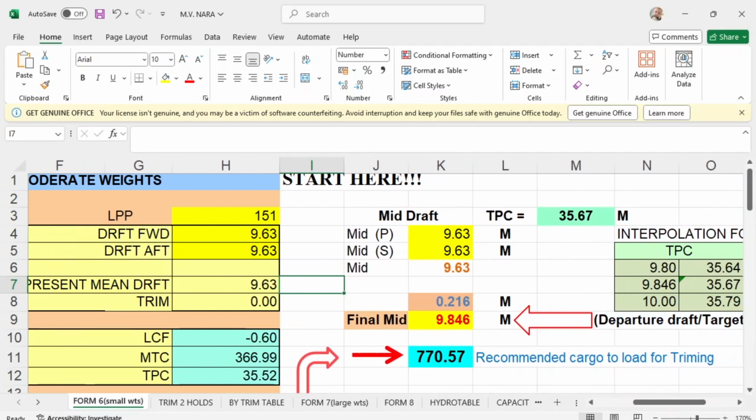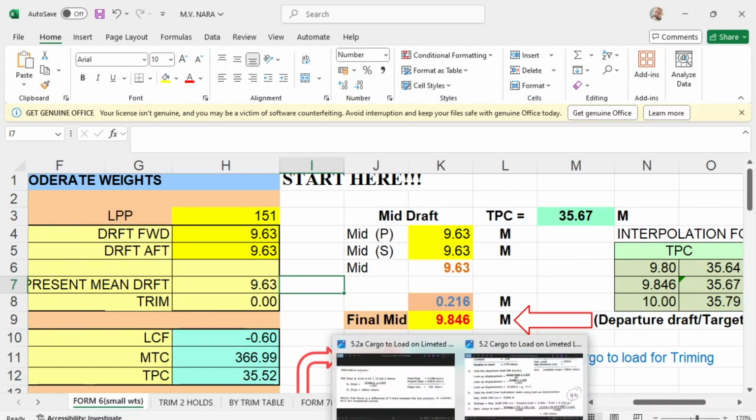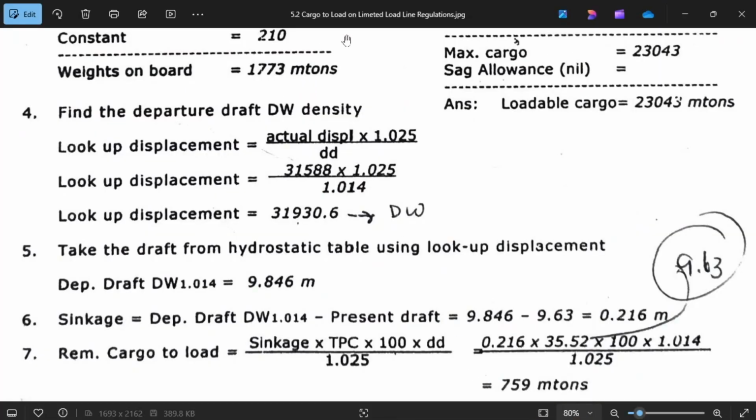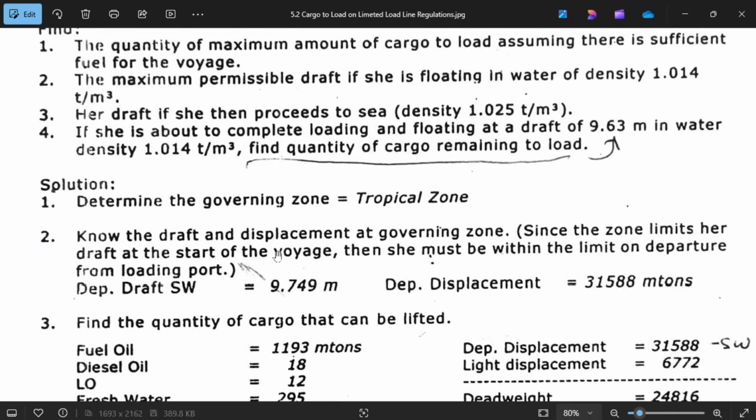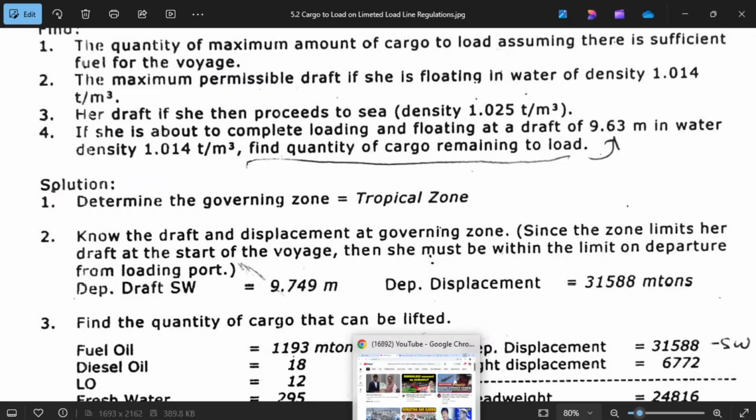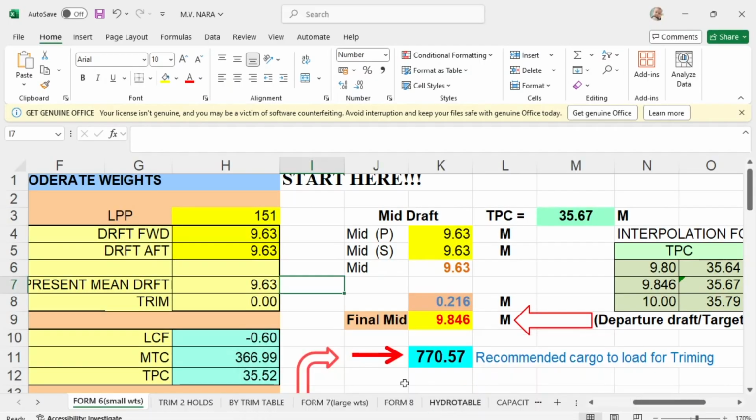And take note, according to the problem, when you reach the draft of 9.63, you stop loading. And take note that when you are loading, the local density is 1.014. So, meaning you have already stopped loading.